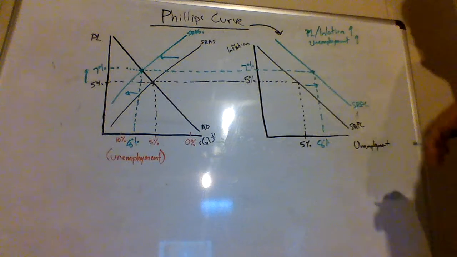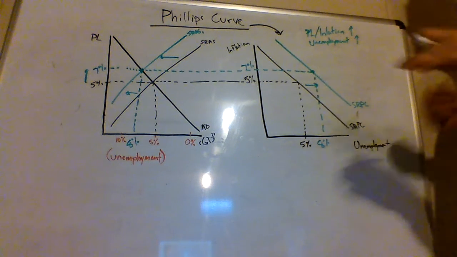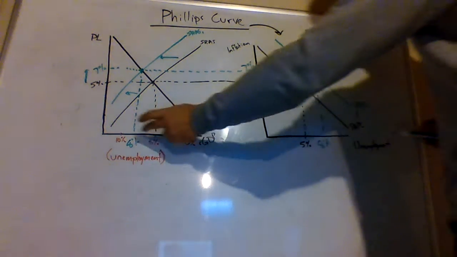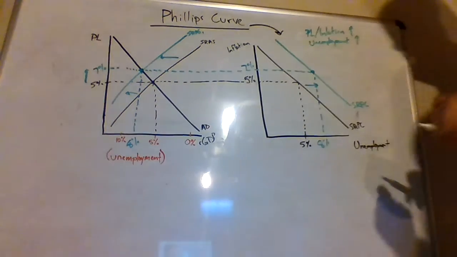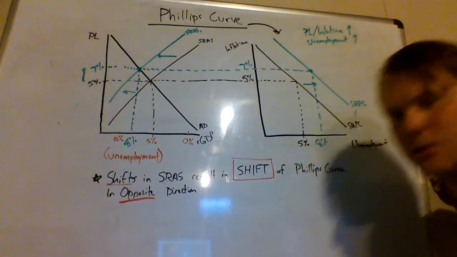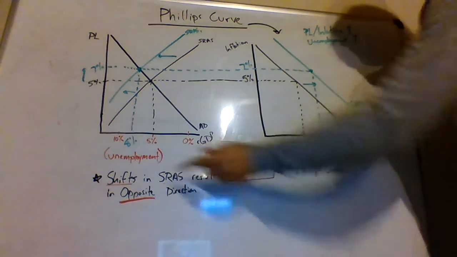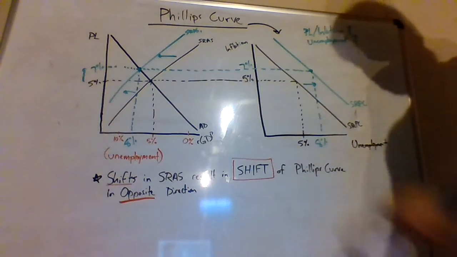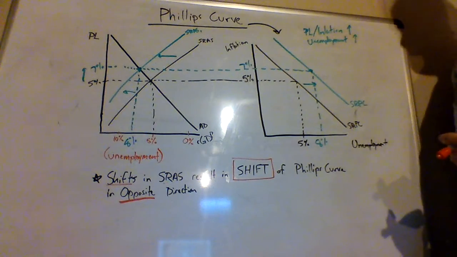So a supply shift shifts the Phillips curve. Okay, you don't need to remember that as much as if you just remember what our graph is showing us here, and you can kind of remember these little tricks on these axes. Okay, so for you rules memorizers, a shift in the short run aggregate supply results in a shift of the Phillips curve, and you can even add that it goes in the opposite direction.